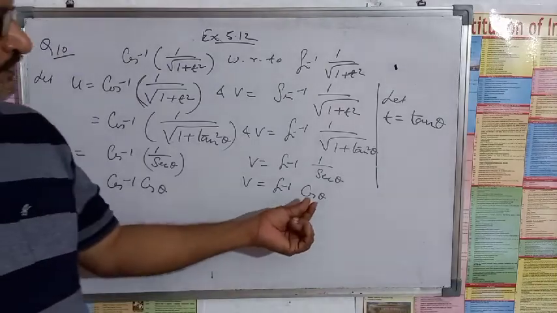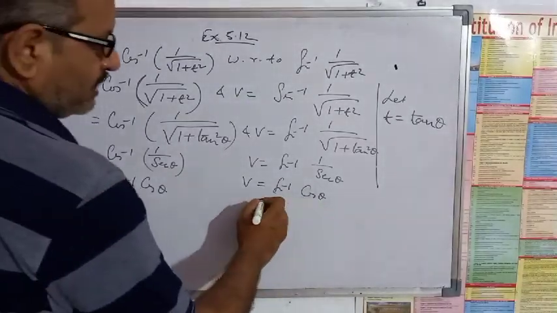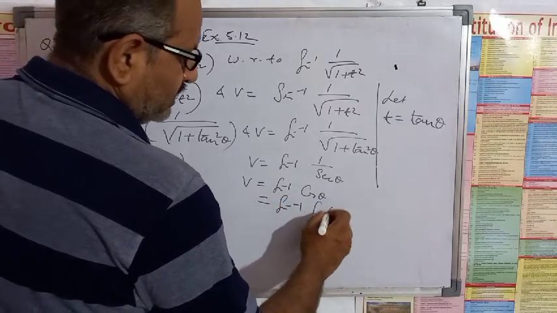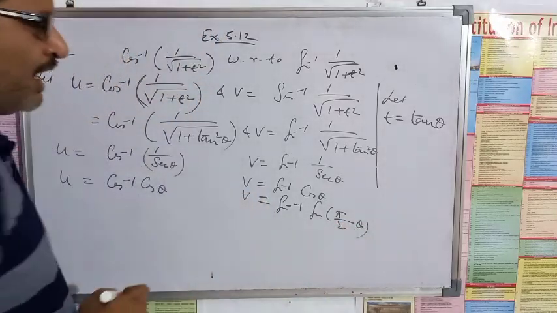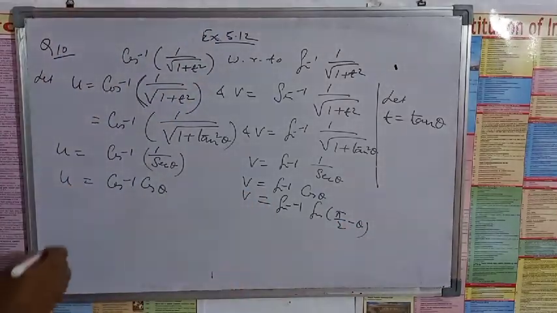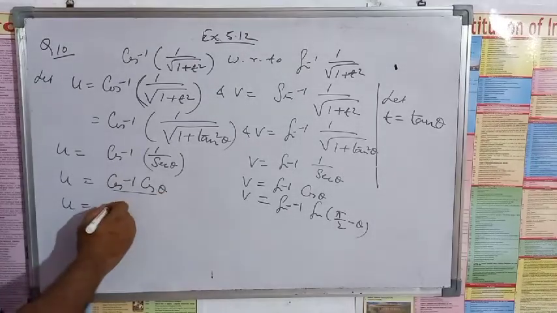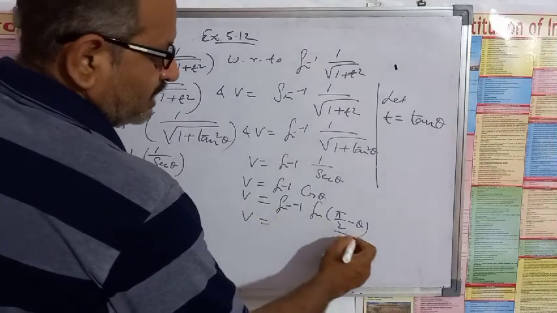But we have to bring here sine theta. So how can we change cos theta in terms of sine? Sine inverse sine of 90 minus theta, that is pi by 2 minus theta. Cos inverse cos theta is theta, and sine inverse sine of pi by 2 minus theta is pi by 2 minus theta.